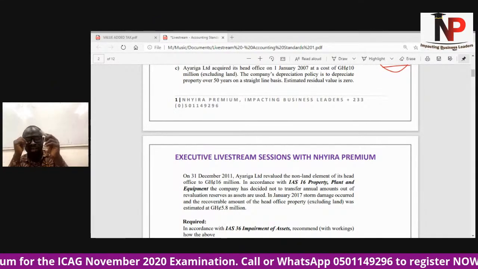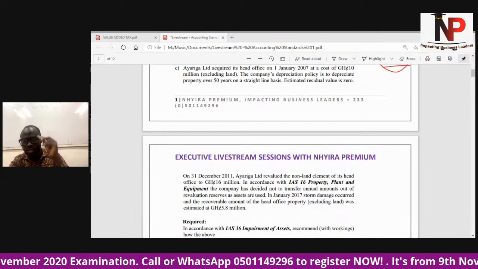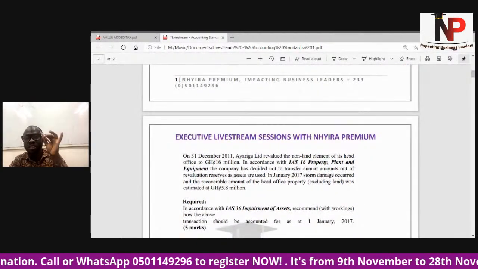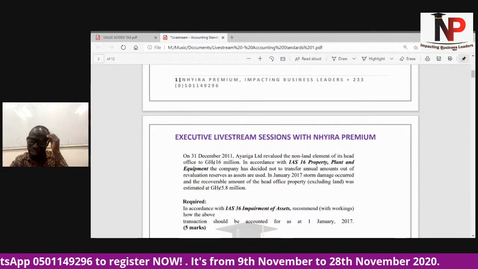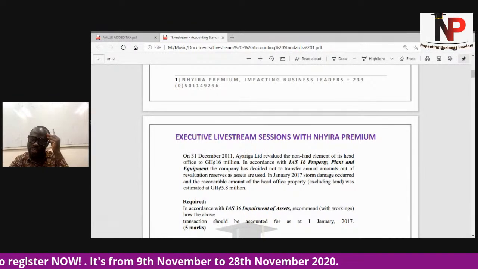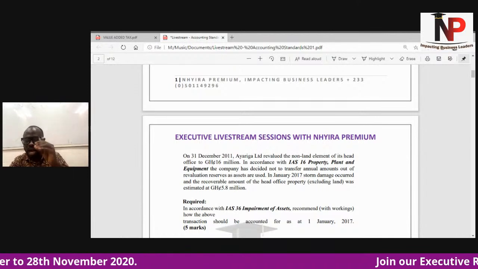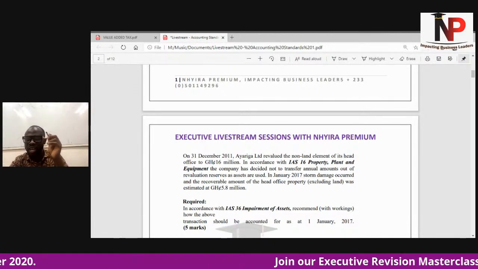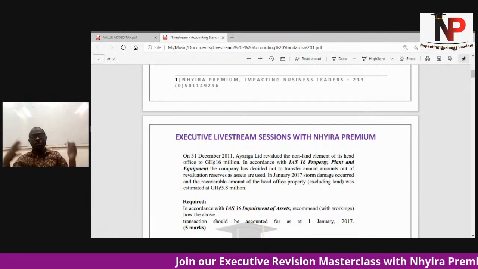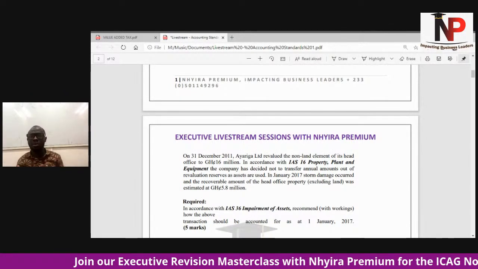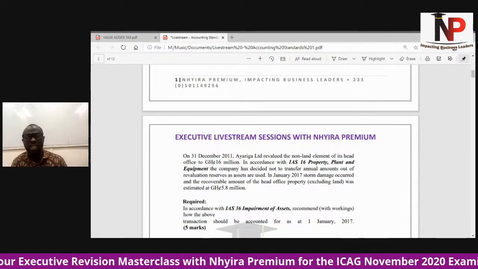In accordance with IAS 36, Impairment of Assets, recommend with workings, in brackets, very important, recommend with workings how the above transaction should be accounted for as at 1st January 2017. Remember, I keep on telling you, anytime you're dealing with accounting standards, the period is very important.